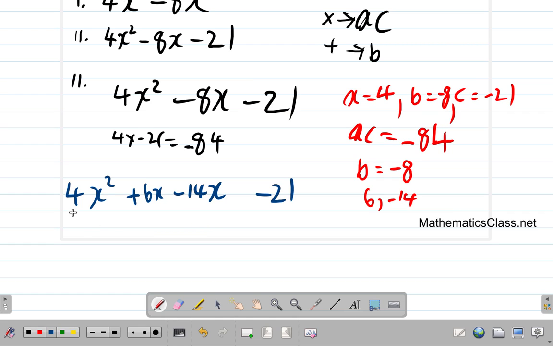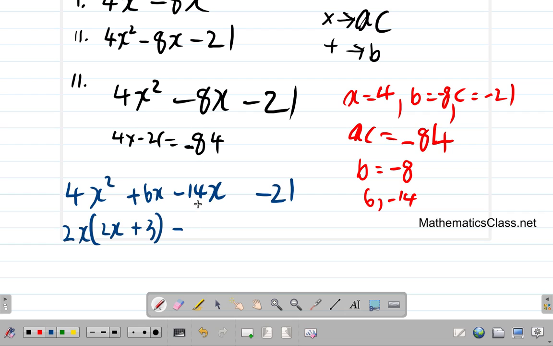And then we factorize the 4x squared and the 6x. And we get 2x outside the bracket. Remember the factorization. And this will be 2x plus 3. Alright? Then we're going to factorize negative 14x minus 21. And we should get the same 2x plus 3 in our bracket.